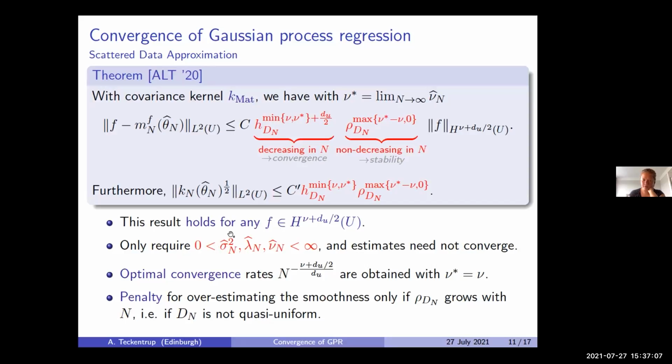The estimate of the contrast and the estimate of the length scale only appear in these constants. They don't appear anywhere else. If you want these constants to be independent of n, then you need the assumption that they are uniformly bounded between 0 and infinity.